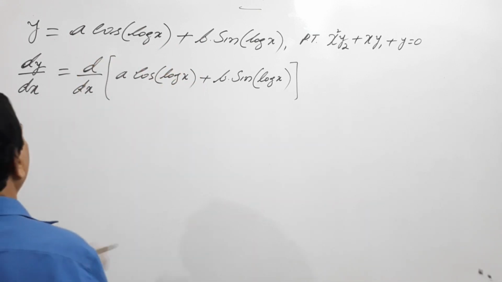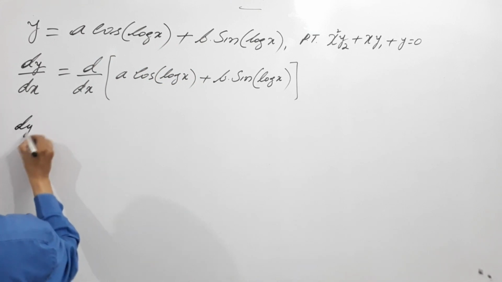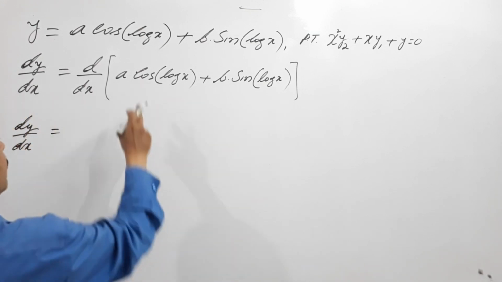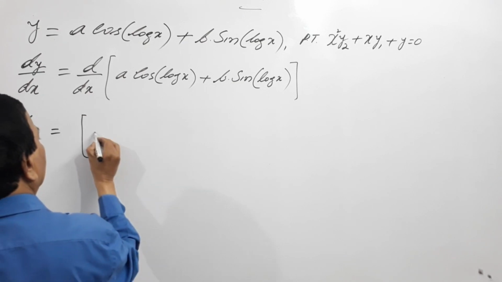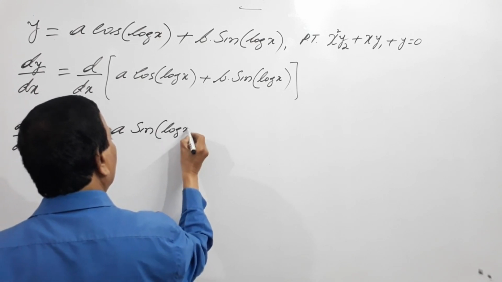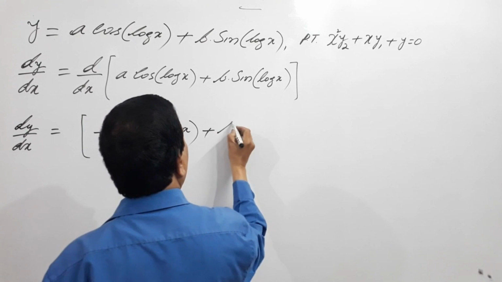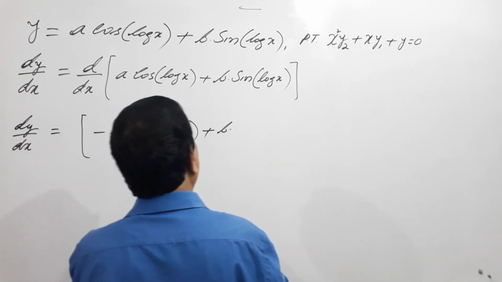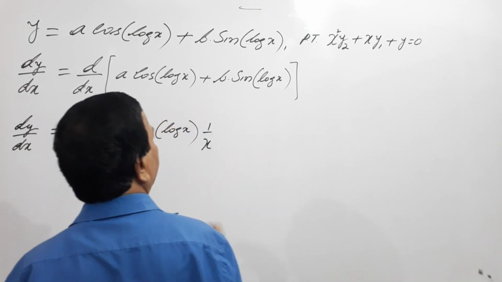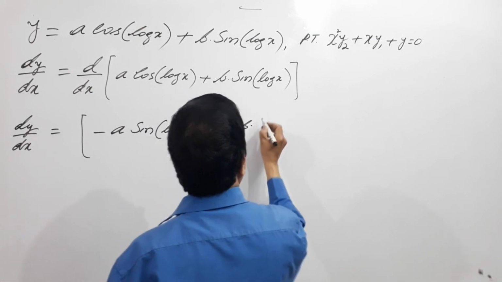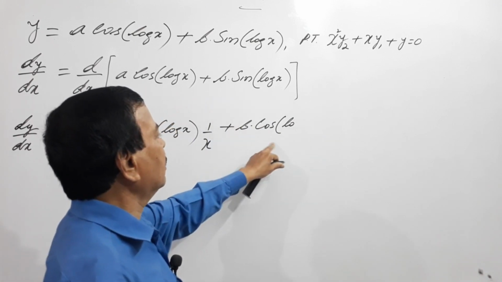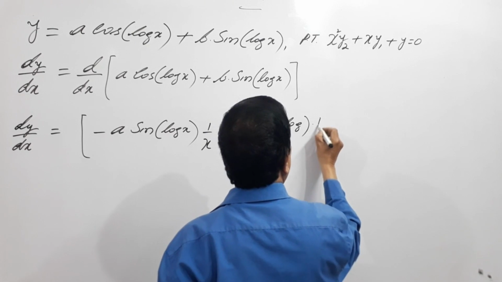So what happens here? dy by dx, if you differentiate cos log x, I get minus a sin log x into d by dx of log x, which is 1 by x, plus b into cos log x, if you differentiate sin, into 1 by x.